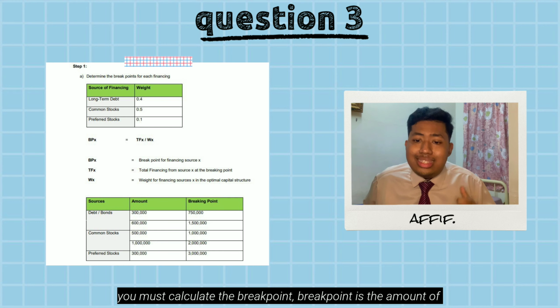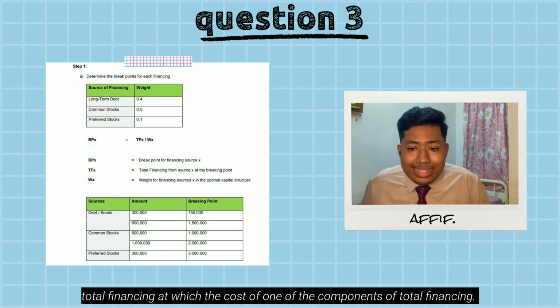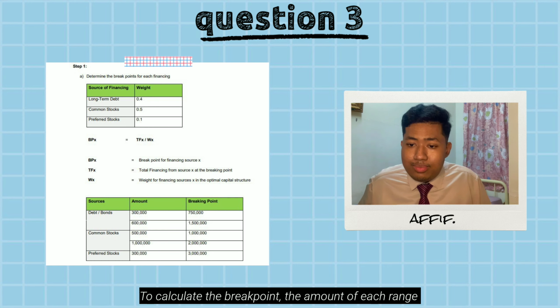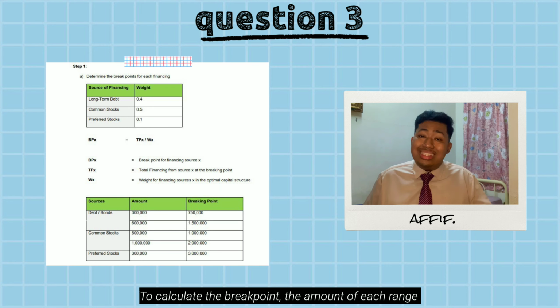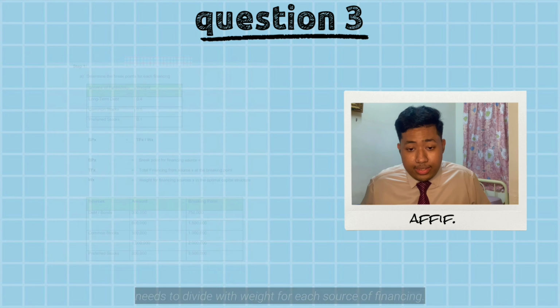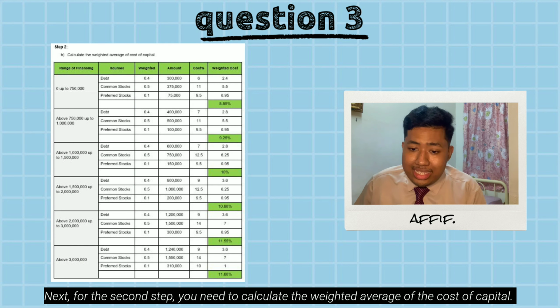The breakpoint is the amount of total financing at which the cost of one of the components of total financing changes. To calculate the breakpoint, the amount of each range needs to be divided by the weight for each source of financing. Next, for the second step, you need to calculate the weighted average cost of capital.